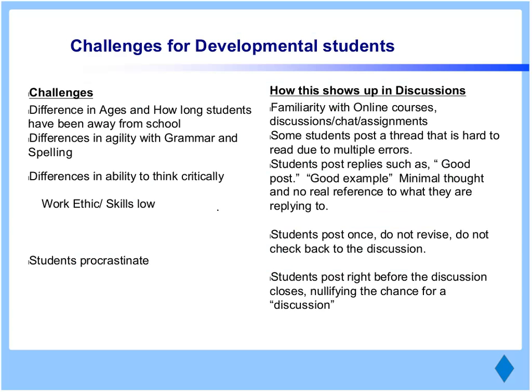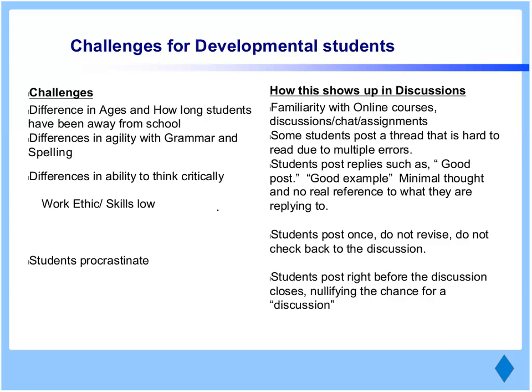In this slide, this is kind of what Anne and I discussed a lot when we were asked to do this webinar, and we think about developmental students. I'm going to look at the left side first, and with our developmental students, there's usually a large difference in their ages and how long the students have been away from school. Some of them are maybe co-taking classes in high school and college, and some people have been out of school for 20 or more years.